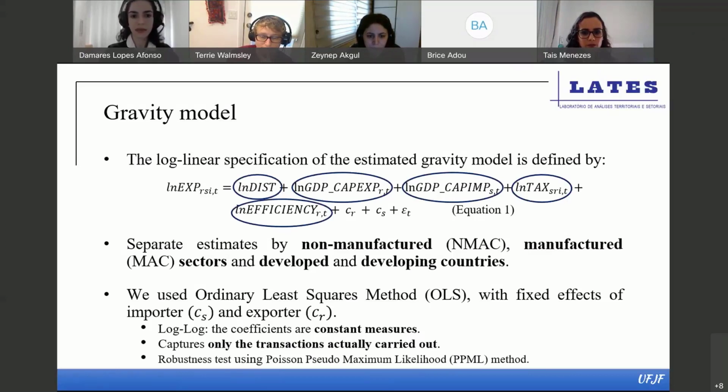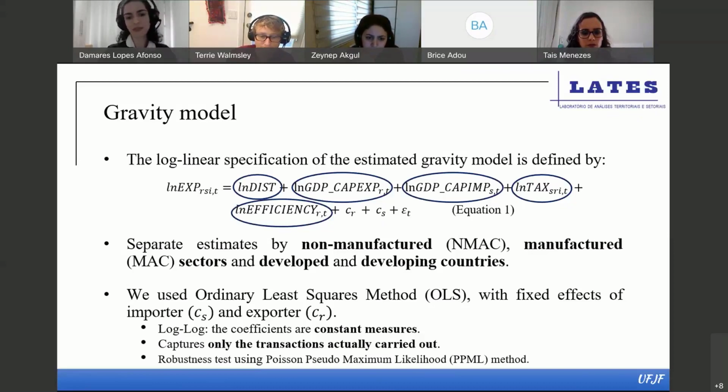Our estimates were made separately by non-manufactured and manufactured sectors, and by developed and developing countries. We used the ordinary least squares method with fixed effects of import and export. And as our estimates were made in log-log, the coefficients are constant elasticities related to the independent variable.